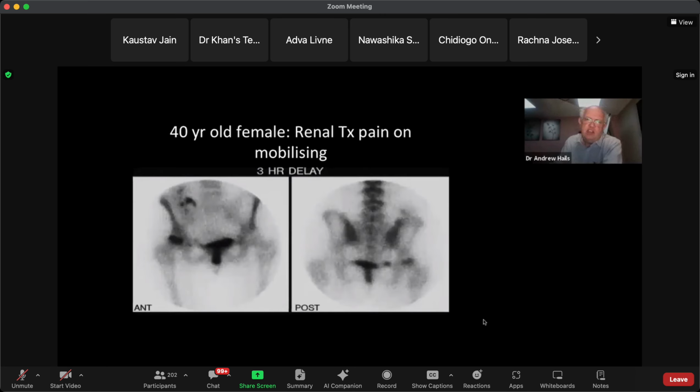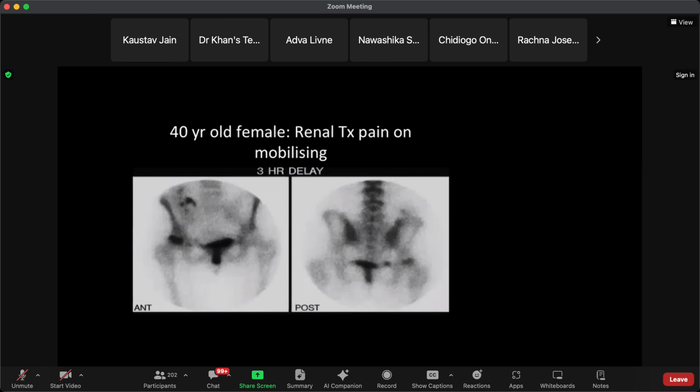And just finishing off the bone section here, this is a renal transplant patient who is having difficulty mobilizing. And what do you think is wrong with that? So I can see there is increased uptake in the right hip joint, and then there's what appears to be something in the region of the bladder as well.